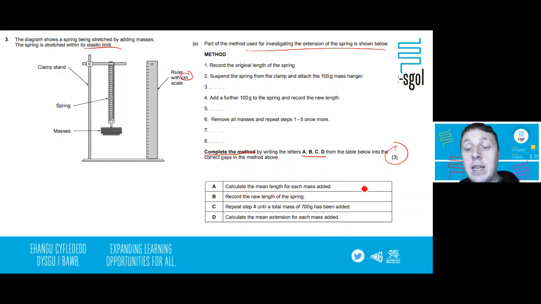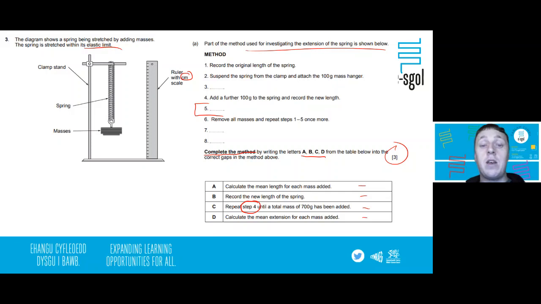We have calculate the mean length for each mass, record the new length of the spring, repeat step 4, and calculate the mean extension. So if we look here, repeat step 4 for C might realistically come after step 4.